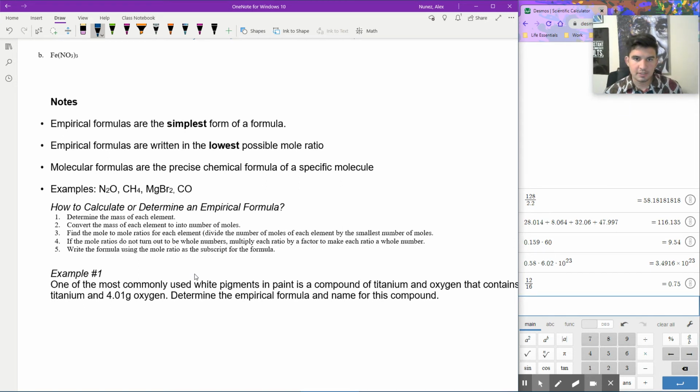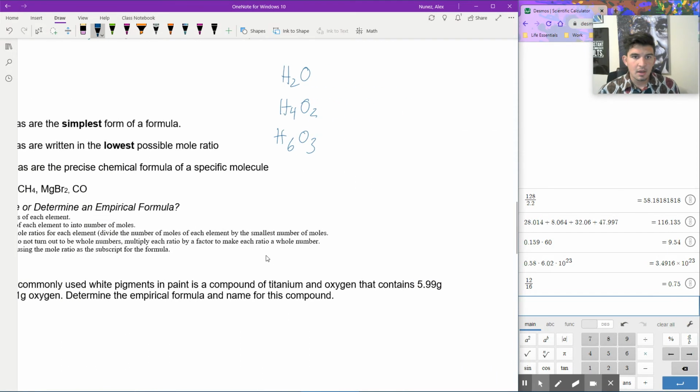Okay. So for example, if I had a family of compounds such as H2O, H4O2, H6O3, these are all real compounds. H2O would be what we call the empirical formula.